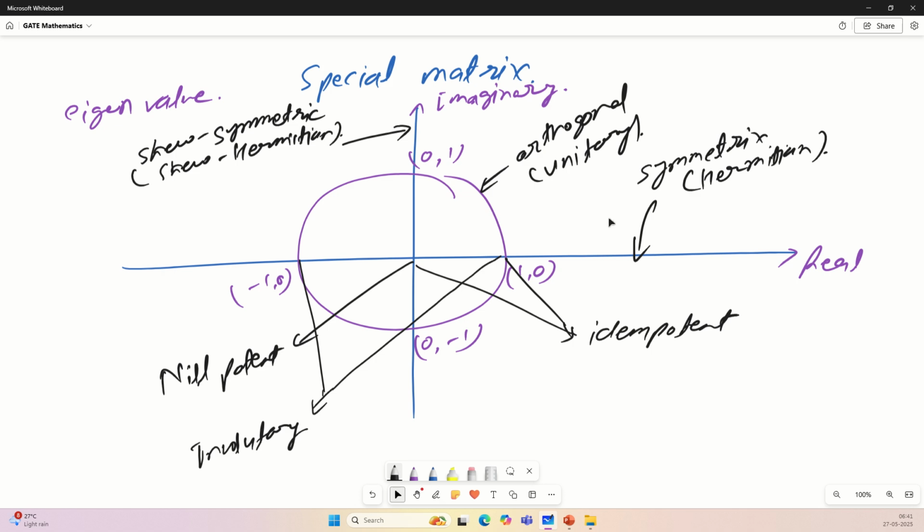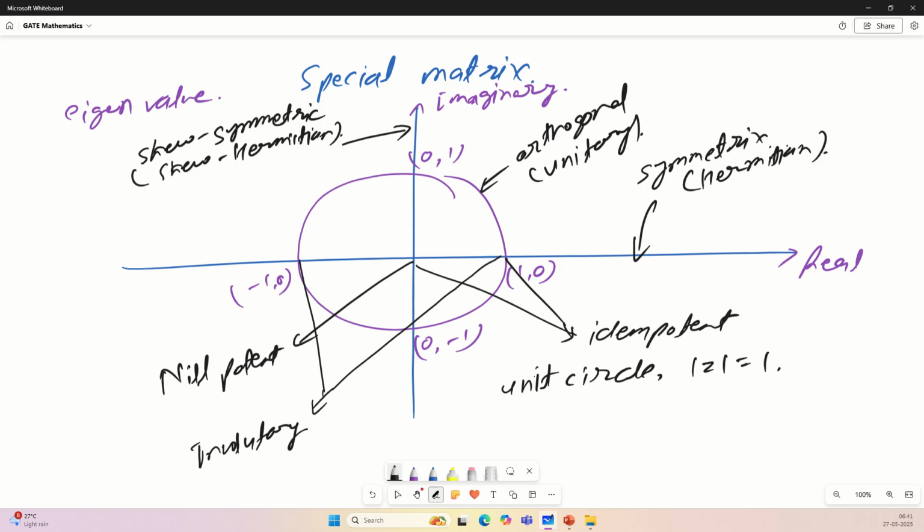So the eigenvalues of orthogonal matrix or unitary matrix will be absolute 1, which will be on the periphery of the unit circle. Okay, and you can see unit circle is nothing but mod z is equal to 1. Mod z is equal to 1. Okay.